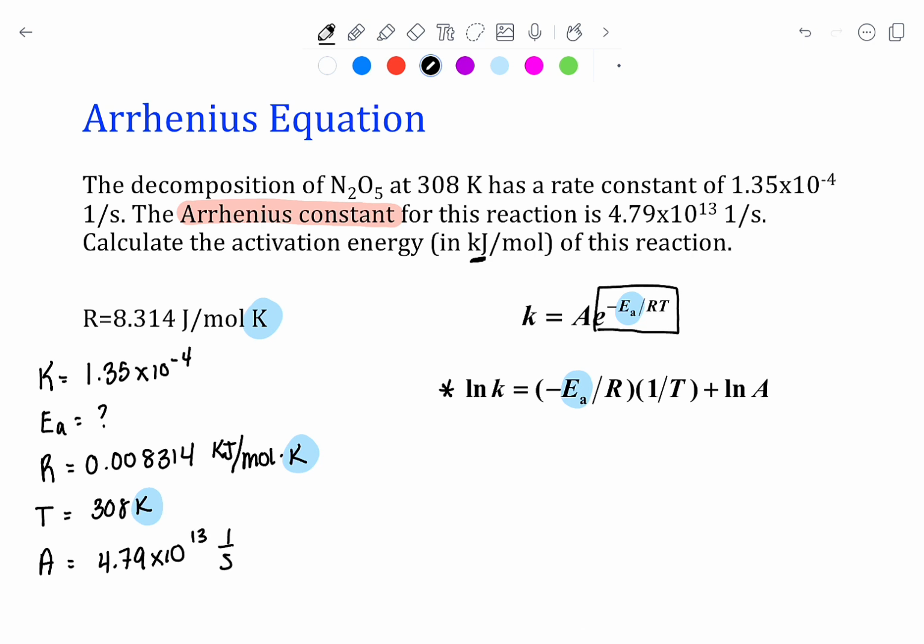So we've double checked our units. Everything is in the proper units. Let's throw a unit on that k. Now we can plug everything in and solve.